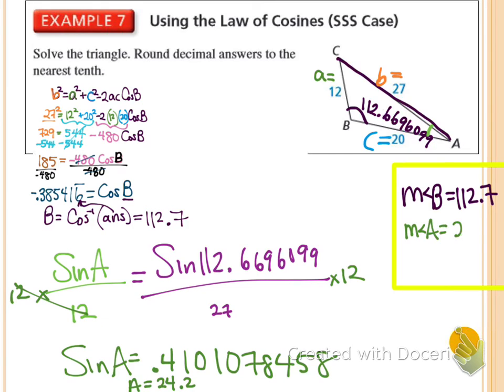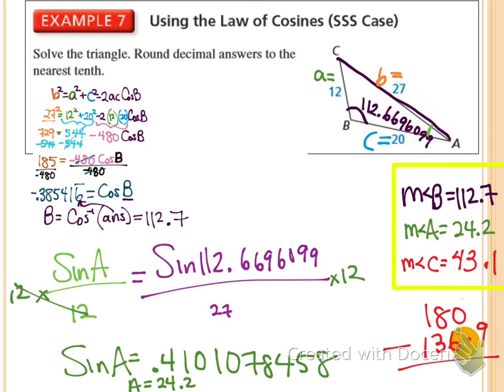So the measure of angle A is 24.2, which means we can very easily find the measure of that remaining angle of C by subtracting from 180. If we add these two to 136.9, subtract that from 180, and we get 43.1. Boom.